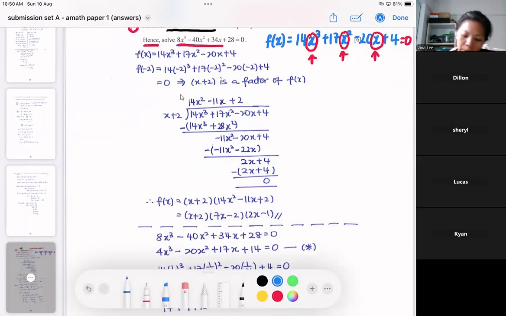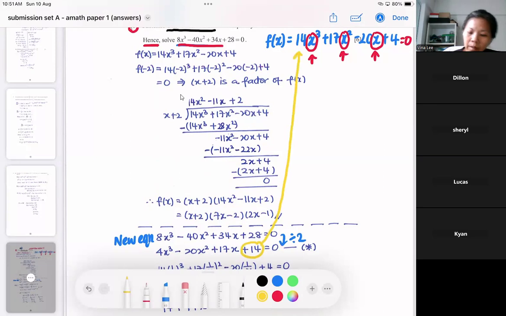So first of all, the new equation can be divided by 2. And I want you to see that the last number came from the first number. The second last number came from the x squared.